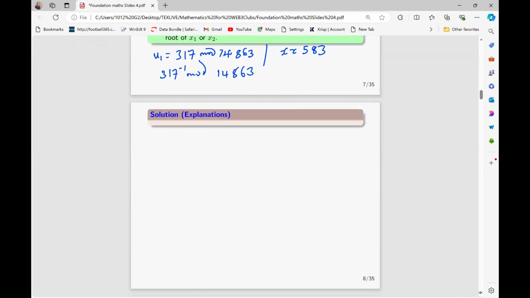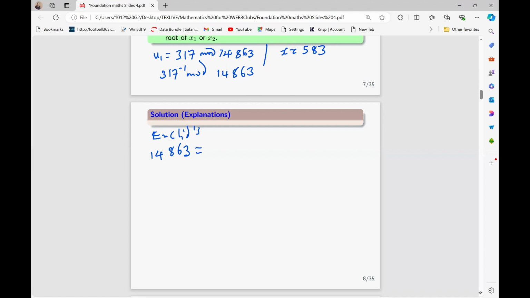So he's first of all using Euclid's algorithm. 14,863: how many times does 317 go there?